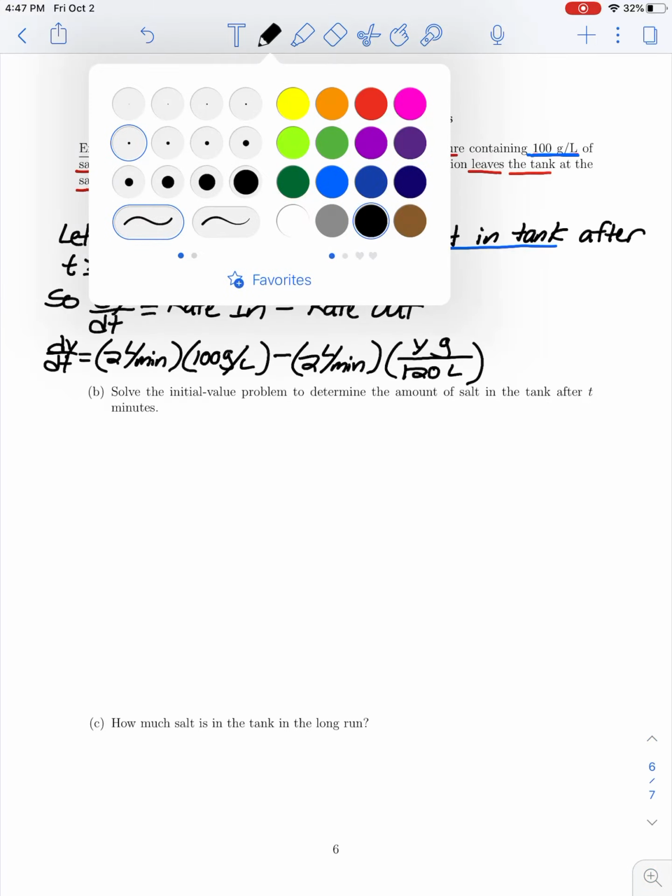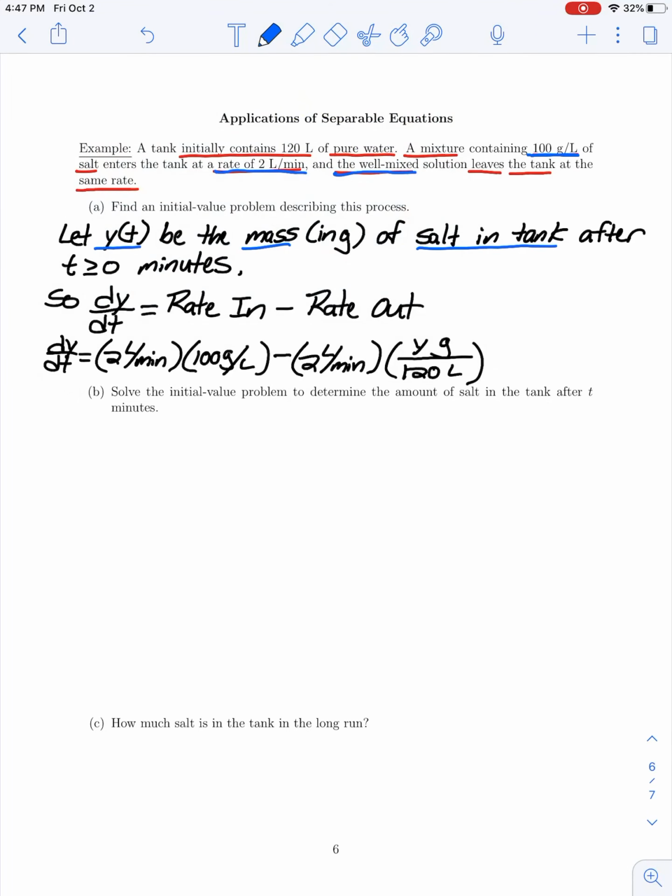Now, where did the 120 liters come from? We were told this tank started with 120 liters of pure water, and if the rate at which we're pouring solution into the tank is the same as the rate at which solution is leaving this tank, that means it will have a constant volume of 120 liters.